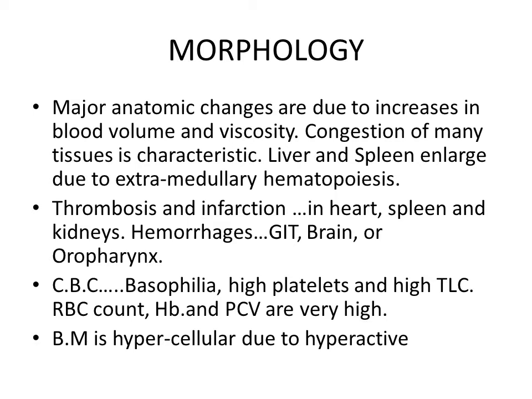So hematopoietic elements like erythroid precursors and myeloid precursors are also being produced in the liver and spleen. This is known as extramedullary hematopoiesis. When this occurs, there will be enlargement of the liver and spleen.